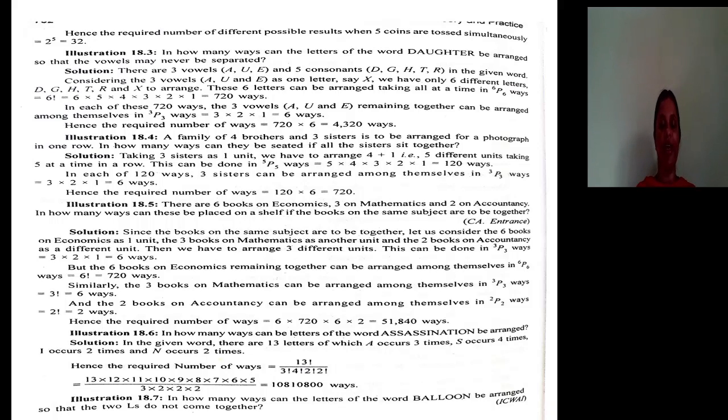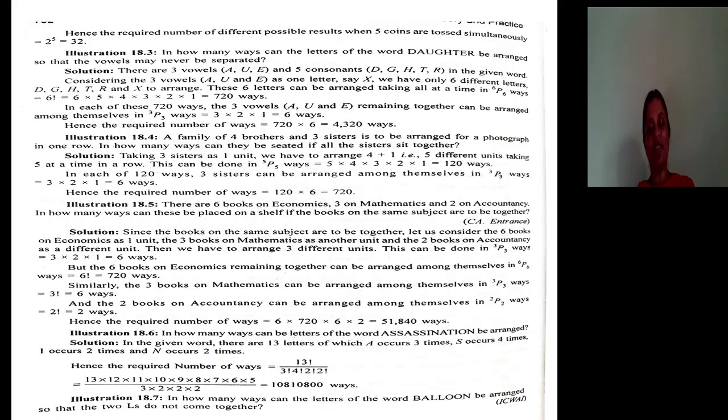In how many ways can the letters of the word assassination be arranged? You just look at this assassination and daughter, which we had in 18.3. In the word daughter, not even a single letter gets repeated.